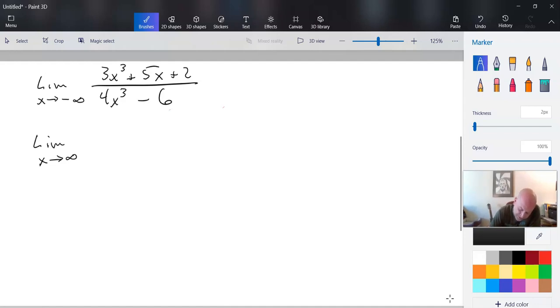If I substitute negative x, that's going to be 3 times the cube of negative x plus 5 times negative x plus 2. And then we have 4 times negative x cubed minus 6, right? So those are our two things. Let's just simplify that.